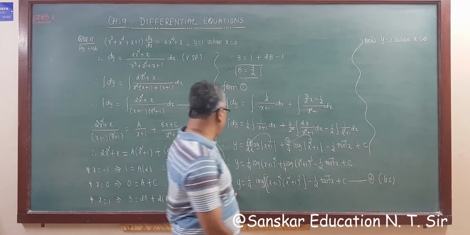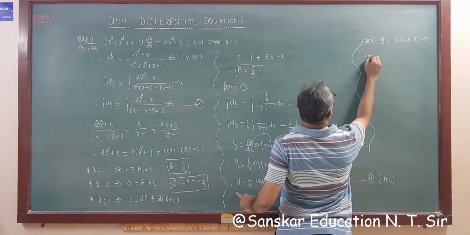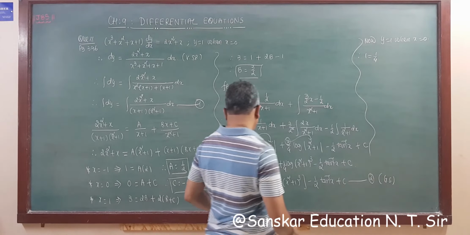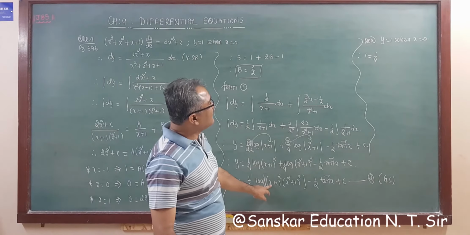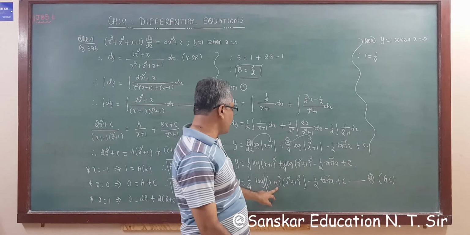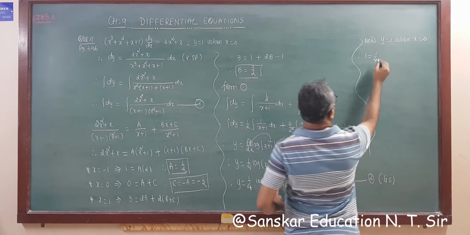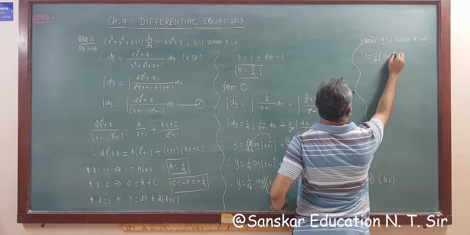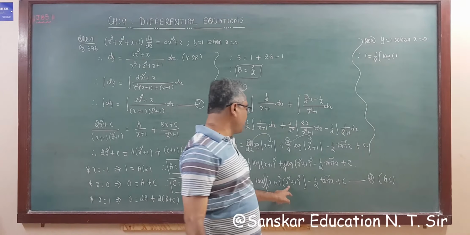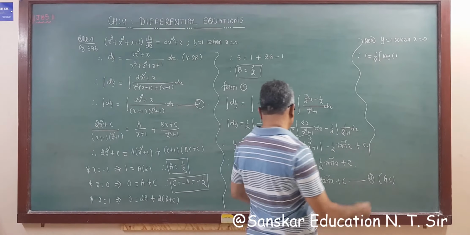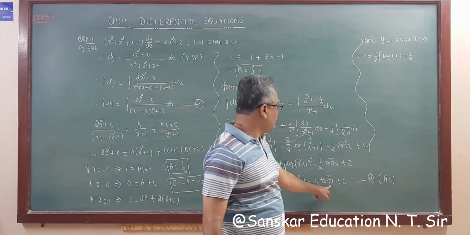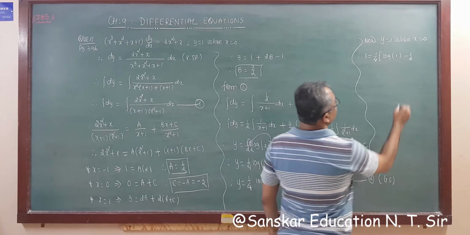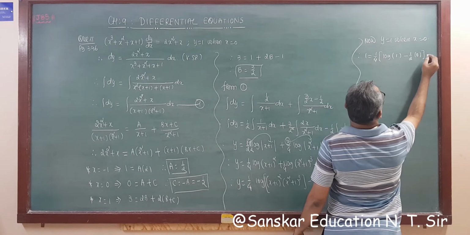So y equal to 1, so this is 1 is equal to 1 upon 4, this is 1 upon 4, right? log x is 0, so this is 0 into 1, so log 1, right? So 1 upon 4 into log 1, and this is 0 into 1 whole cube is 1, so this is log 1 minus 1 upon 2, x is 0, tan 0 is 0, so this is again 0, right?